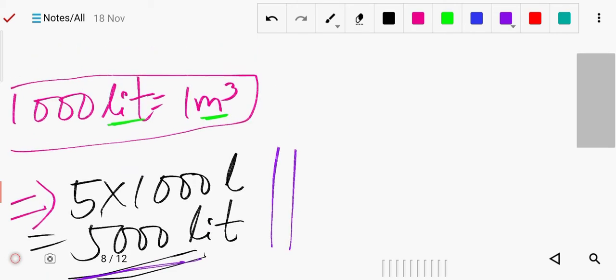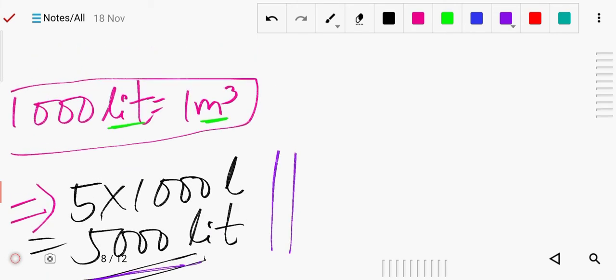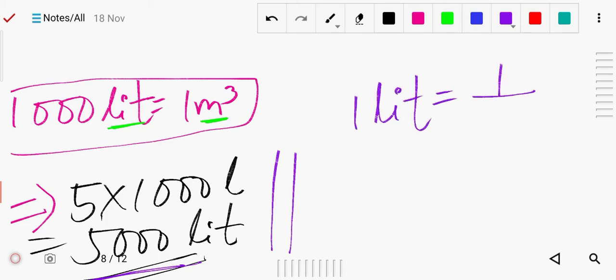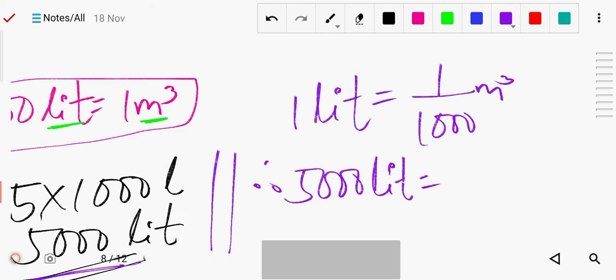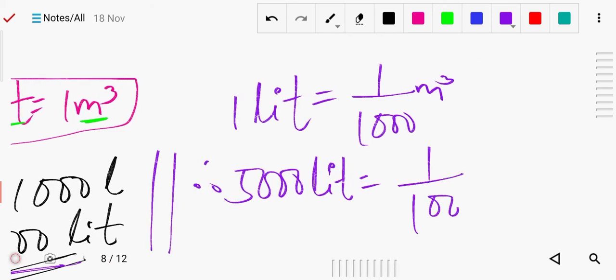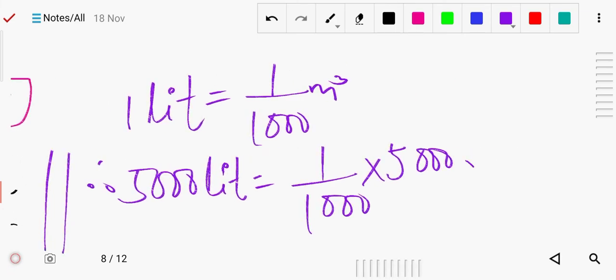As we know, 1000 liter is 1 meter cube, so 1 liter is 1 by 1000 meter cube. For 5000 liter, it will be 1 by 1000 multiplied by 5000, in meter cube.